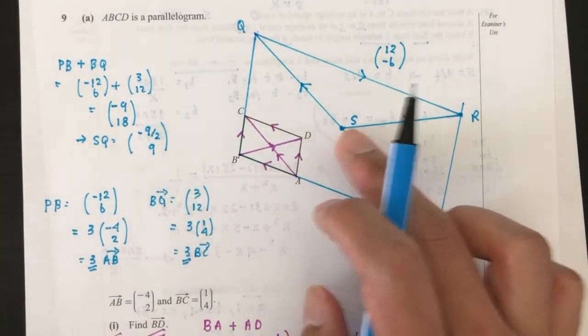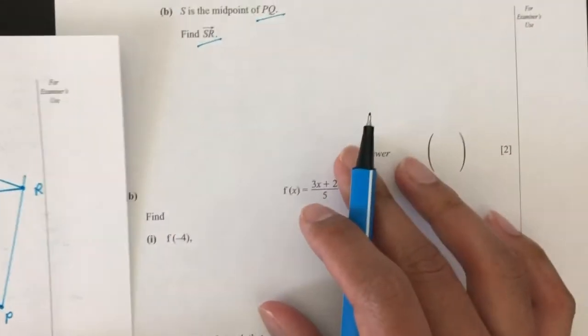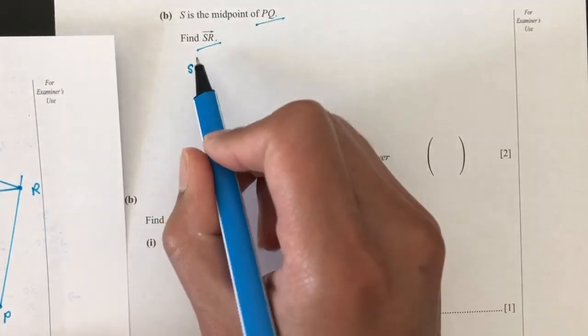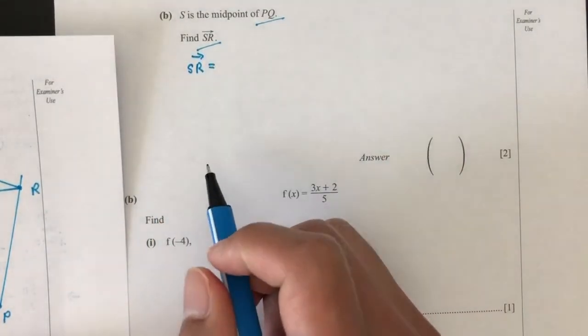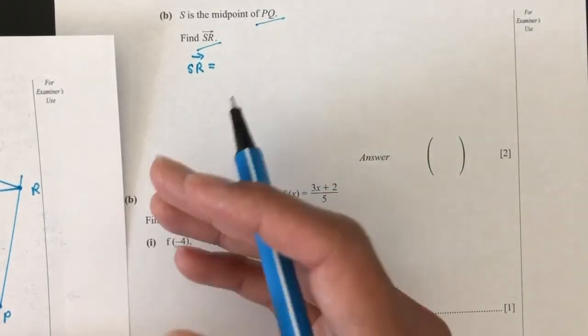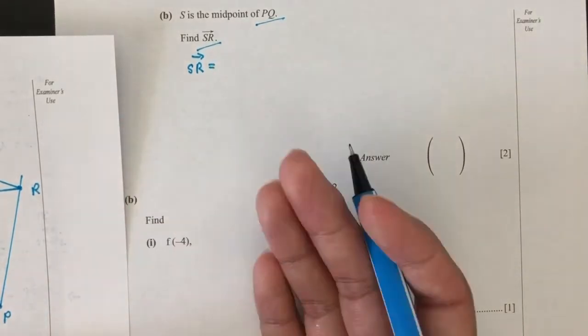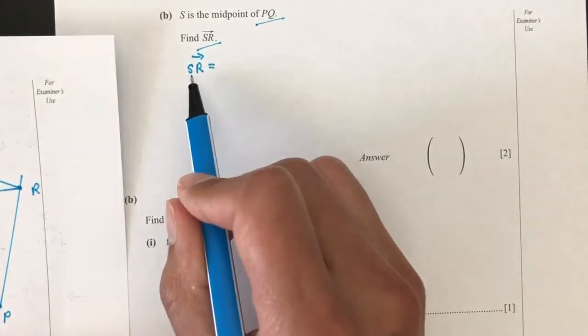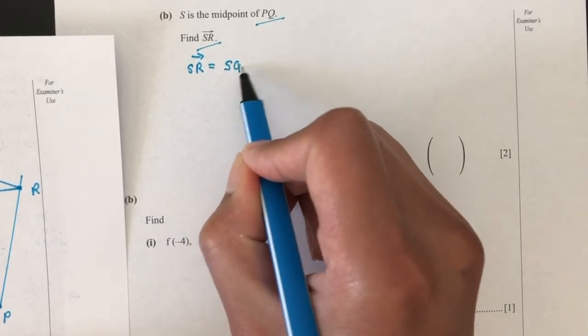Now to find the value for SR, you have to do SQ plus QR. That is one way of doing this, of course. You can always use the transformation factor to just do this, but that is one way of doing this question. So SR is SQ plus QR.